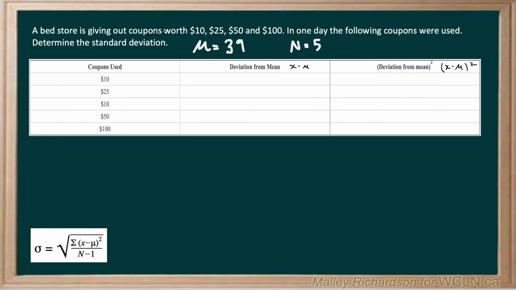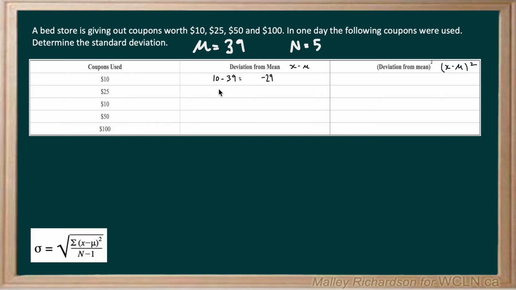Now that we found the mean and n, we can fill out our table. In our first column, we have our coupons that were used, and in our second column, we have the deviation from the mean, which you know is x minus mu, where x is the value from our first column. So we have 10 minus mu, the mean, which we found to be 39. And 10 minus 39 gives us a value of negative 29.